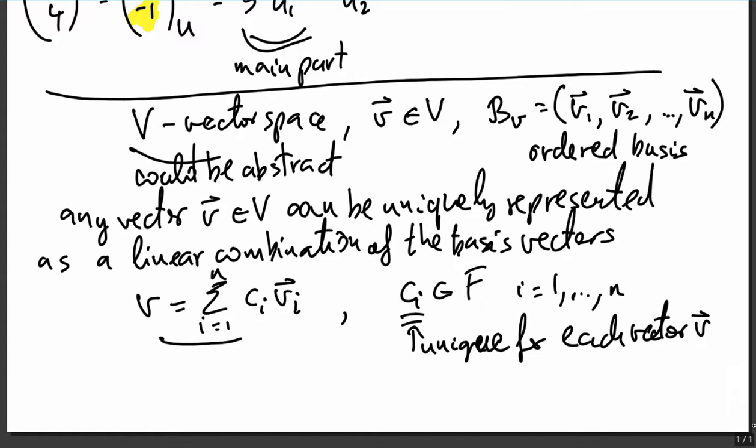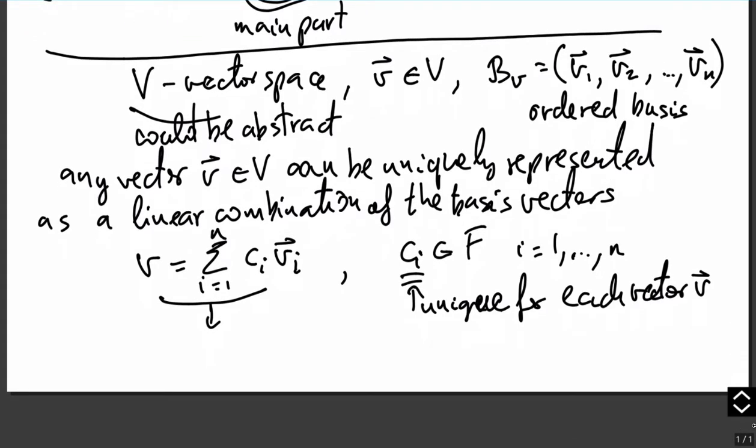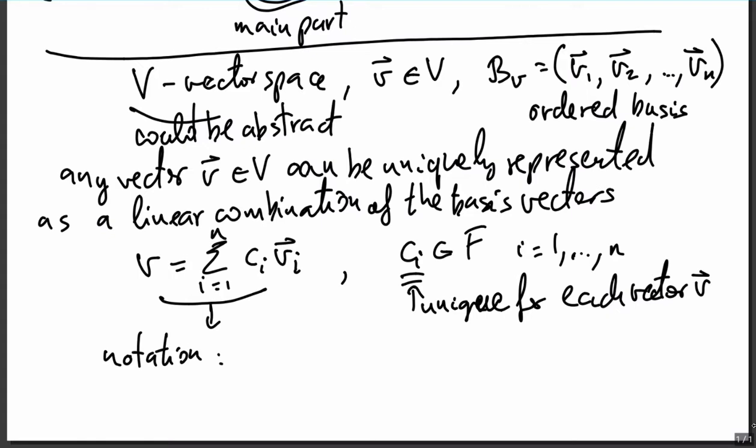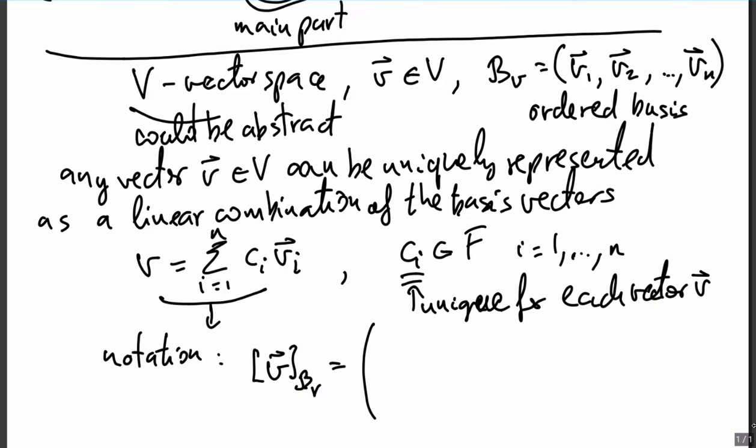So then instead of writing this all the time, perhaps a shorter notation is to say that the vector V in this basis BV has the representation C1, C2, ..., Cn. So this is a column vector, basically an element of F^n.